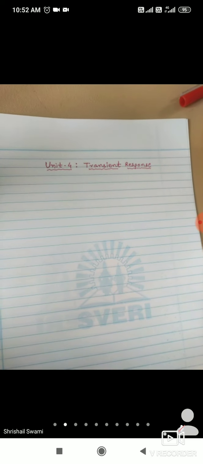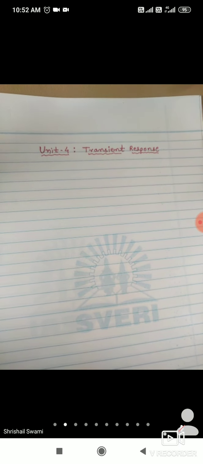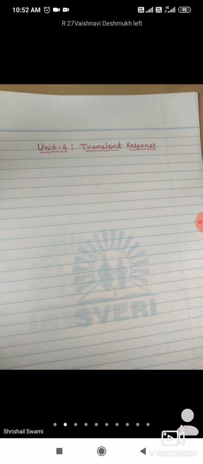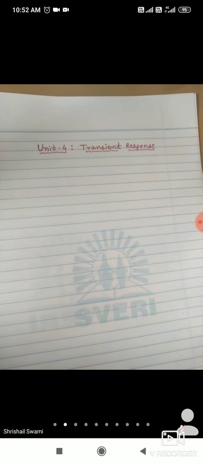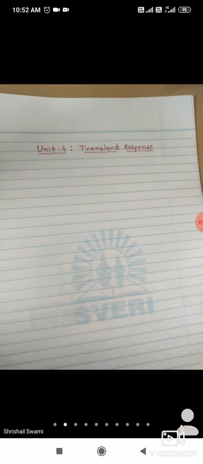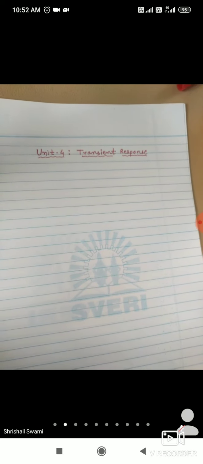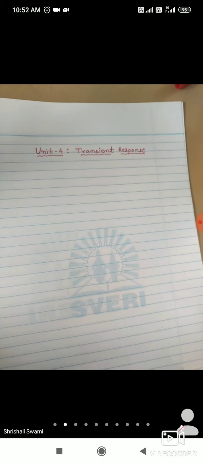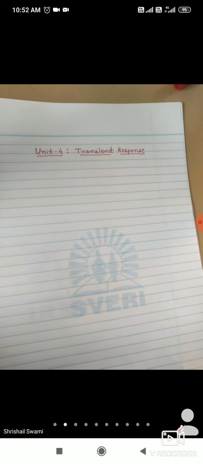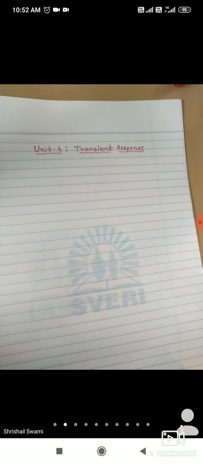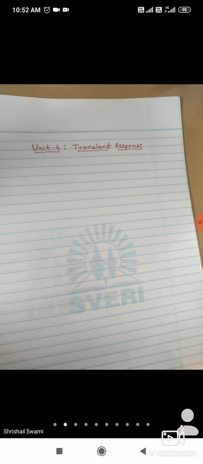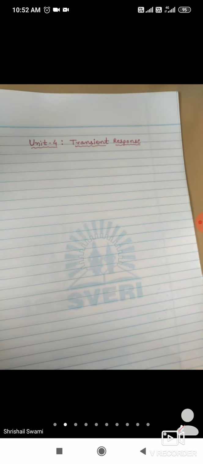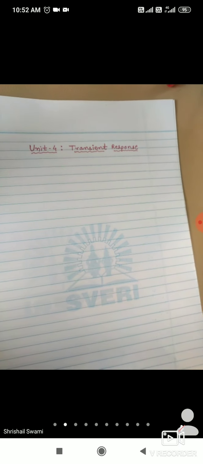We can study the transient response with the help of a linear differential equation, LDE, as well as with the help of Laplace transform. Both are useful. In the syllabus they have given the Laplace transform.